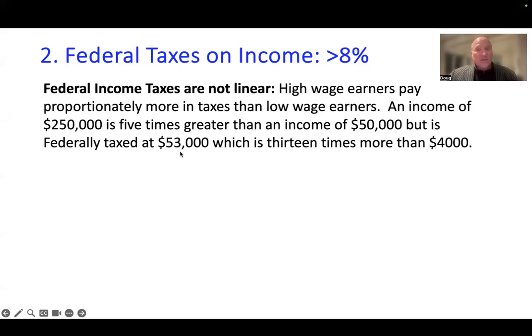They're federally taxed at 53,000, but that's 13 times greater than $4,000. So high wage earners are paying proportionally way more than the lower wage earners. Again, this is not a statement of fairness or even why it's done that way. It is a fact of the way the tax system works that high wage earners pay a lot more percentage wise than low wage earners.